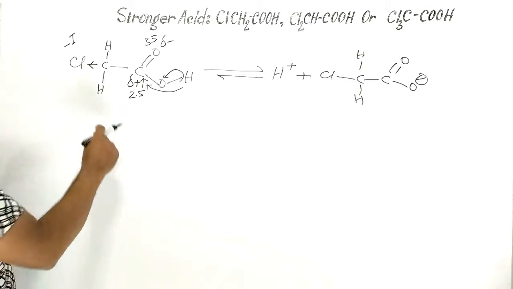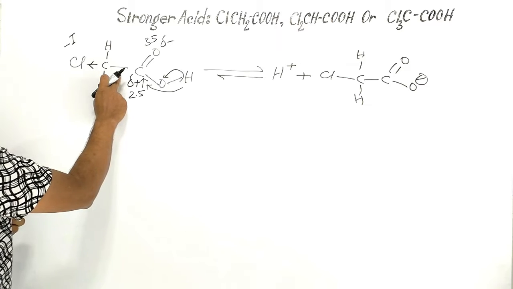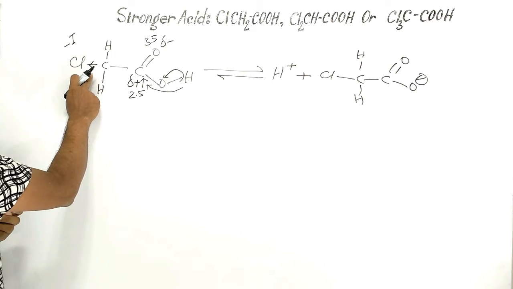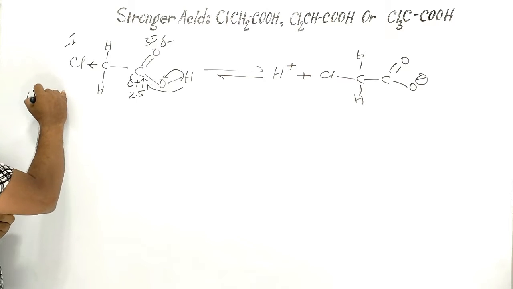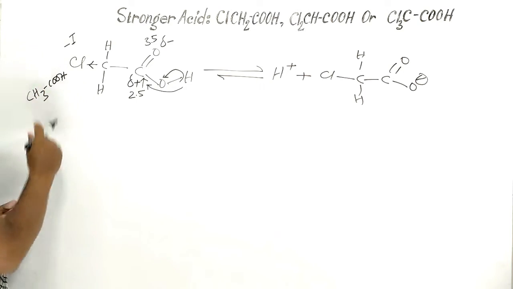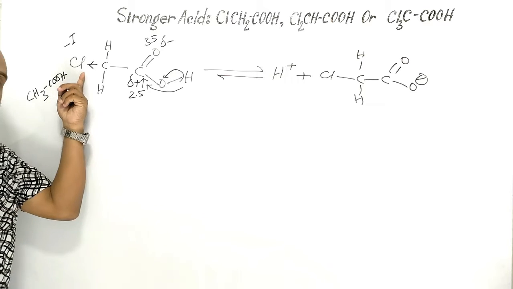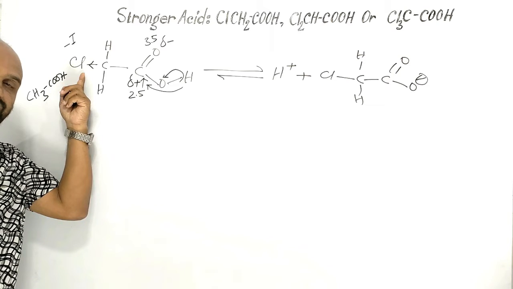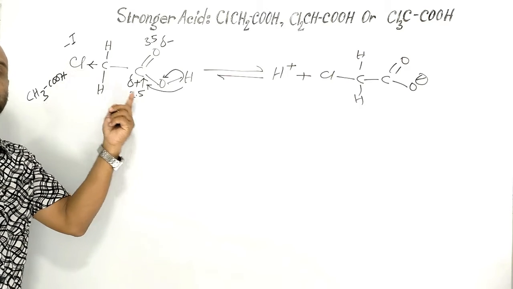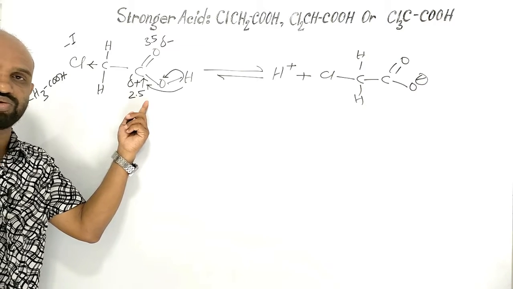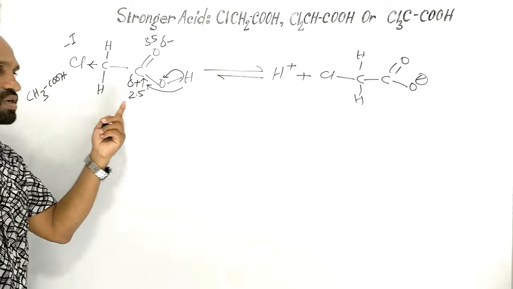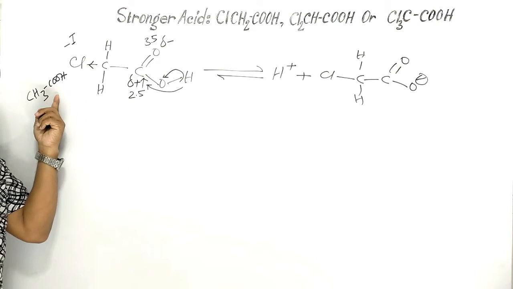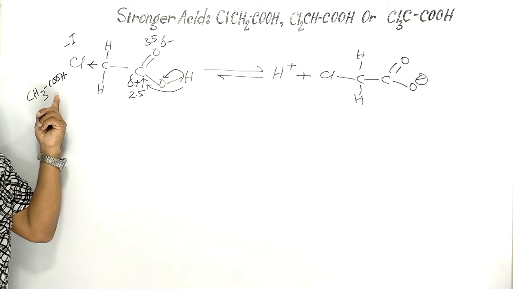That is why the acidity of chloroacetic acid increases compared to simple acetic acid. Because of the presence of the negative inductive effect atom, chloroacetic acid, that is monochloroacetic acid, acts as a stronger acid than plain acetic acid or ethanoic acid.